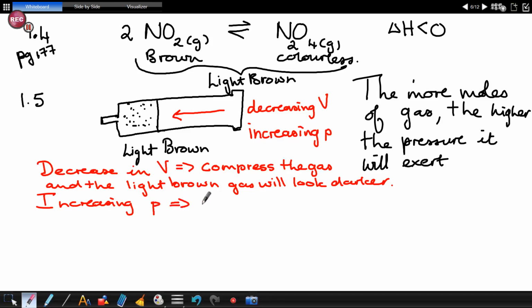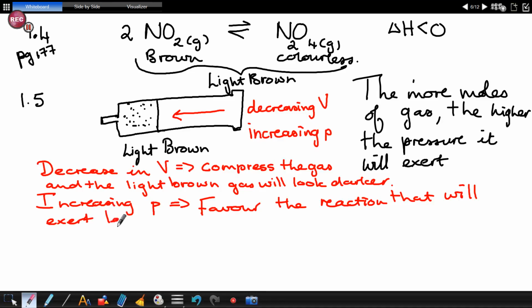the rule here says you will favor the reaction that will exert less pressure. Which one will be exerting less pressure?